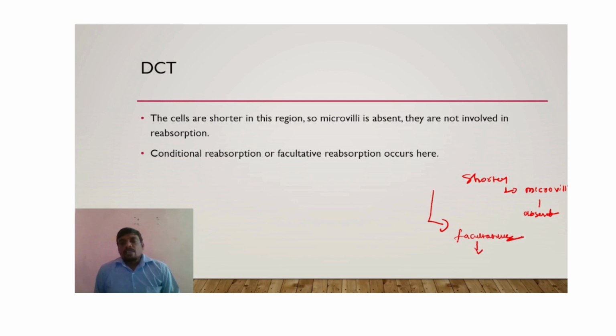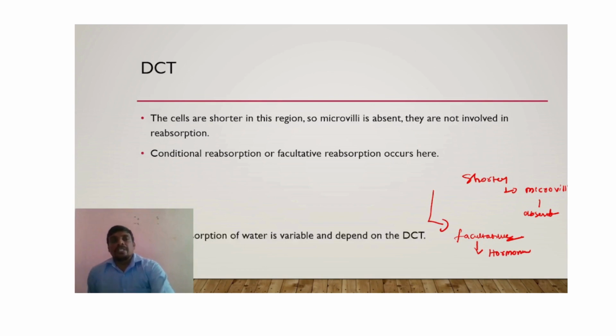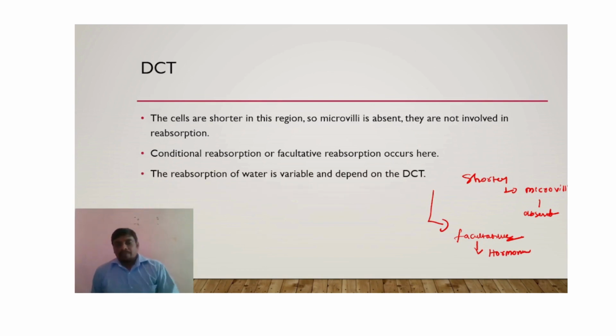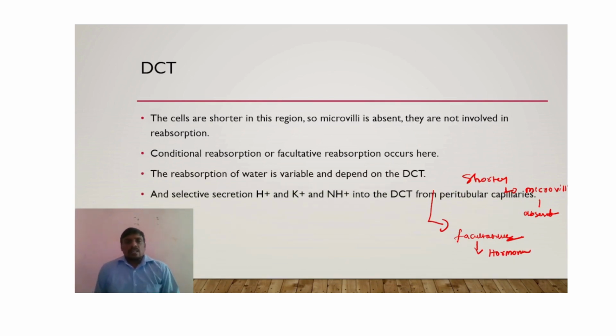Facultative reabsorption occurs by some chemical or hormone. The hormone involved in facultative reabsorption in the DCT is the ADH hormone, anti-diuretic hormone, also known as vasopressin.